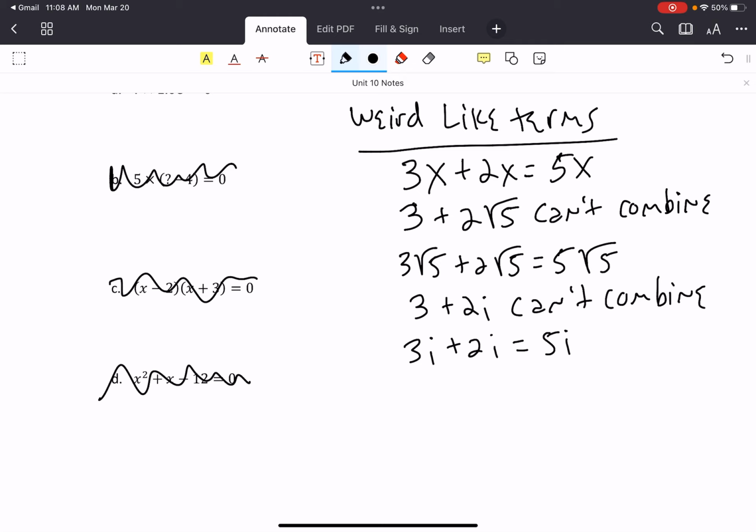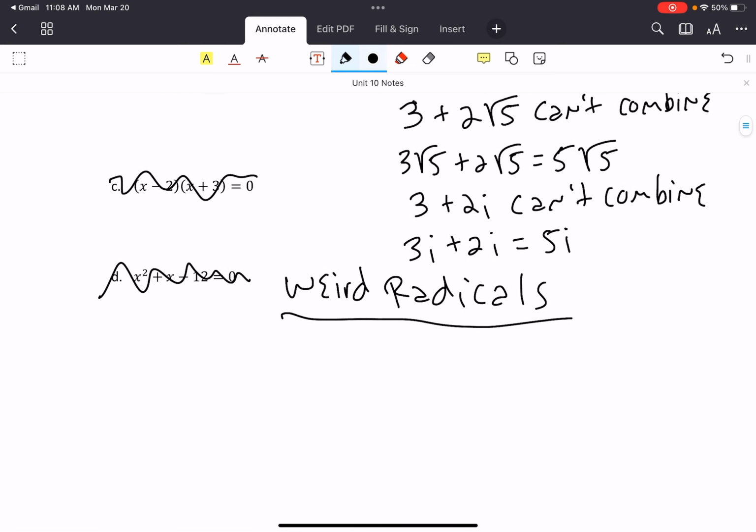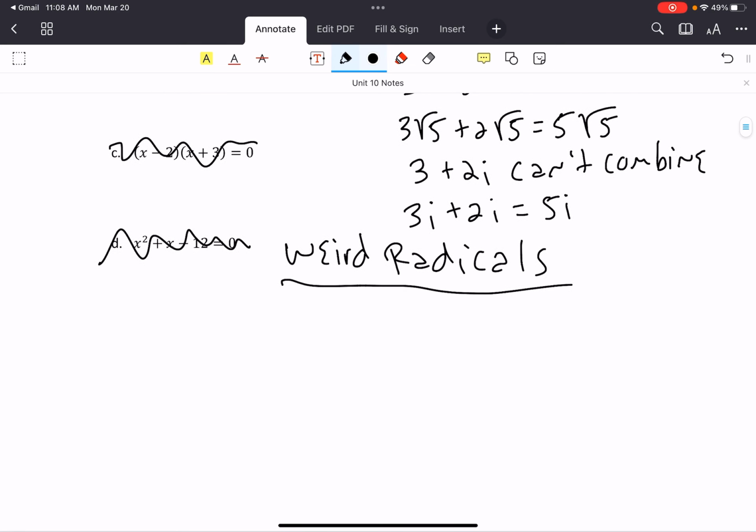The other thing I wanted to review real quick is weird radicals. We're going to deal with some weird radicals today. I'm going to start normal and we'll get a little more difficult as we go. What's the square root of 25?